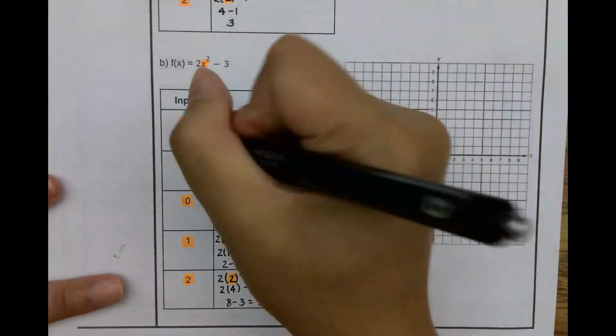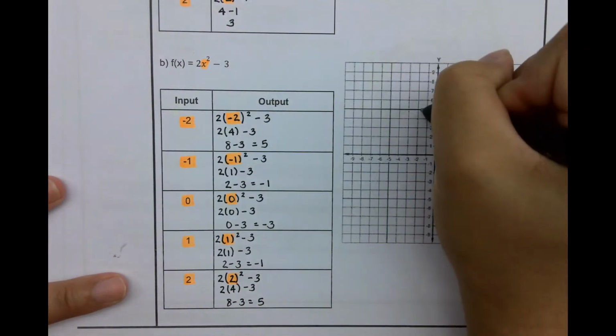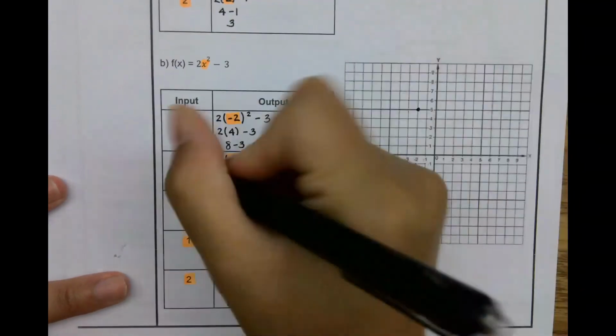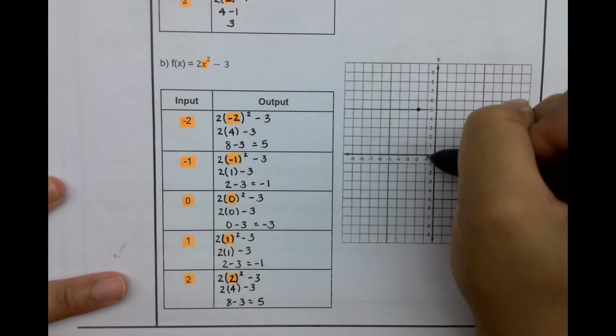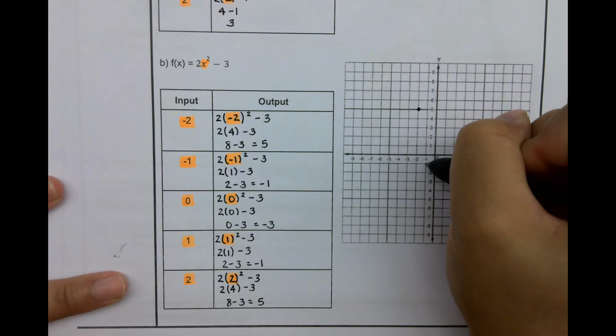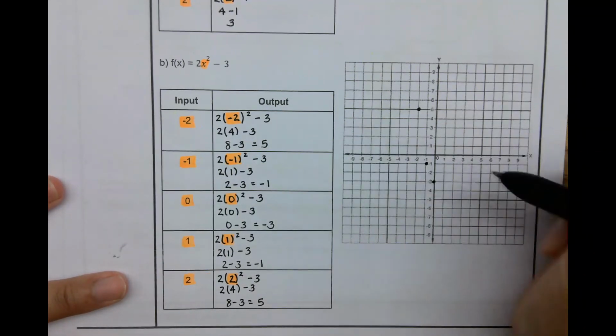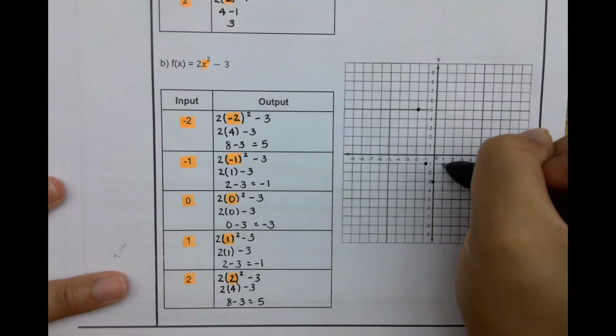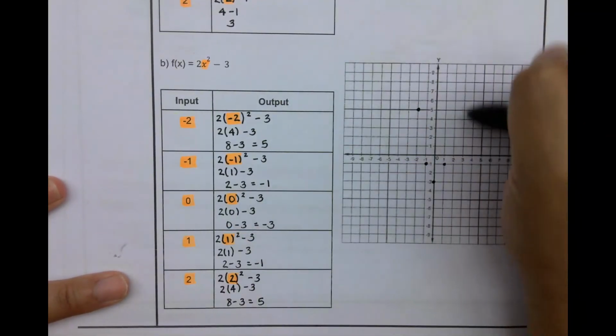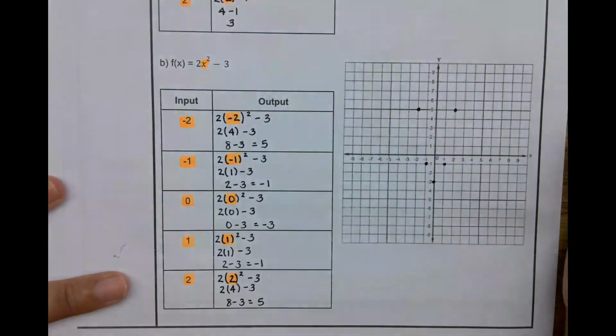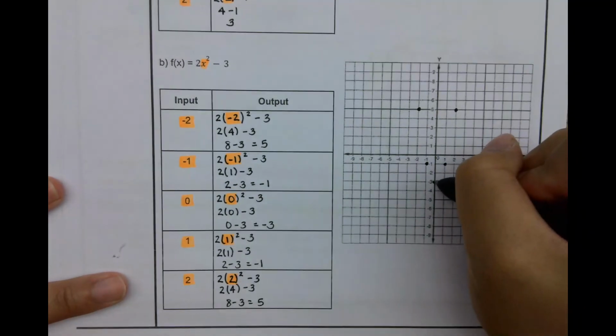So negative 2, 5; negative 1, negative 1; 0, negative 3; 1, negative 1; and 2, comma 5. And then I'm going to connect it.